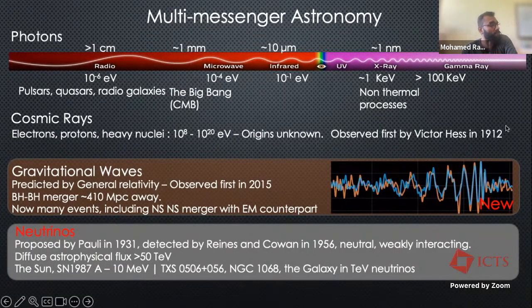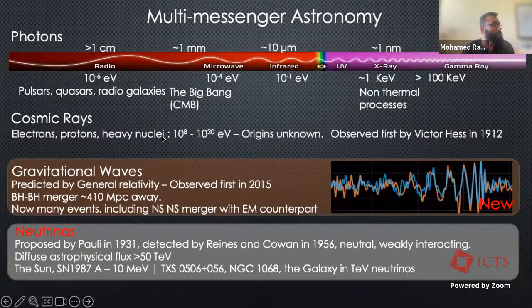For the last 100 years or so, we have also known that there are charged particles at very high energies, up to 10^20 electron volts and higher, in fact 10^21 to 10^22 electron volts, and as low as 10^8 electron volts.